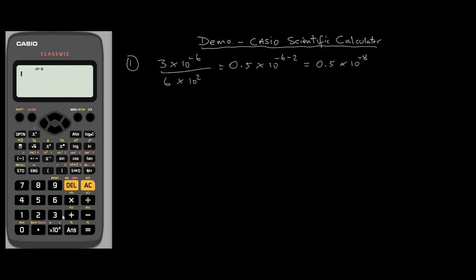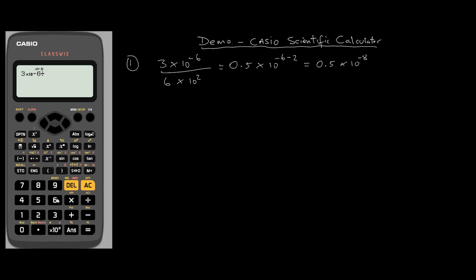So we're going to start off with 3 and then we're going to hit the times 10 to the x button here. And of course we want minus 6 in here, so I'm going to use this minus there, and then put the 6 in. Then I'm going to hit the divide button, predictably.